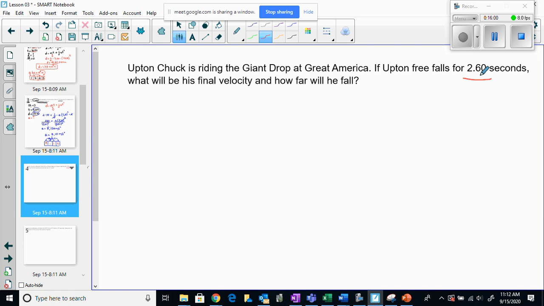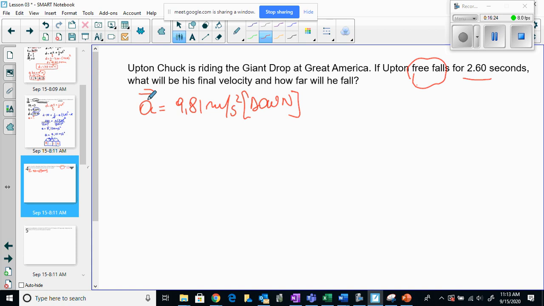So when we see free fall, what does that mean? Good. Free fall means that the acceleration is 9.81 meters per second squared going down. We are assuming that this is happening near the surface of the Earth.